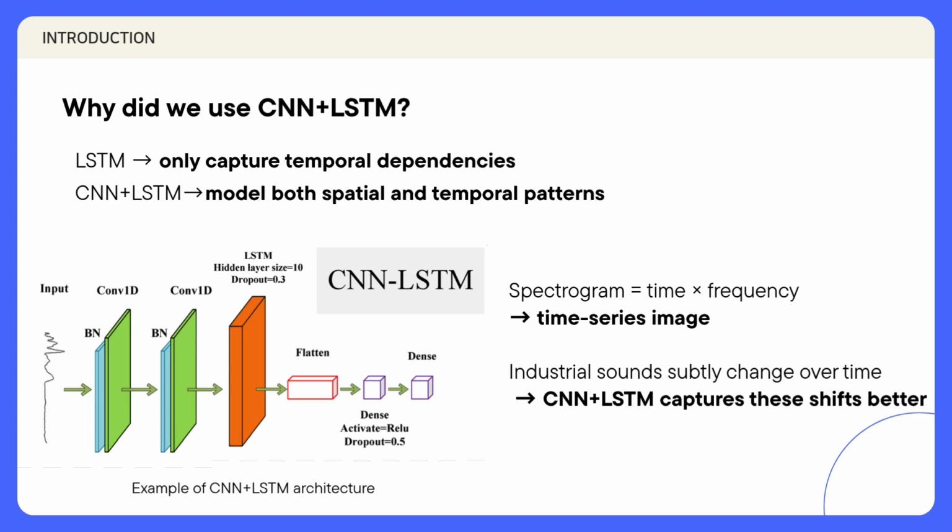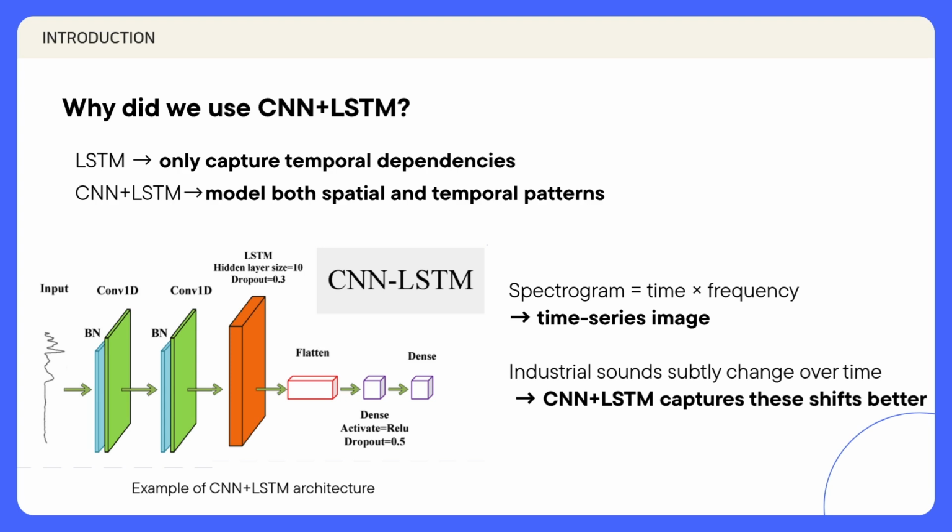Because a mel spectrogram is a time-frequency image, and industrial machine sounds change their frequency distribution subtly during failures, the CNN LSTM works in two steps. First, the CNN captures spatial features of which frequency band strengthens or weakens.